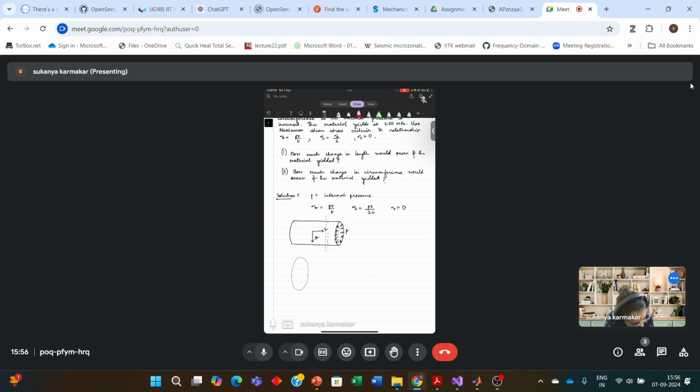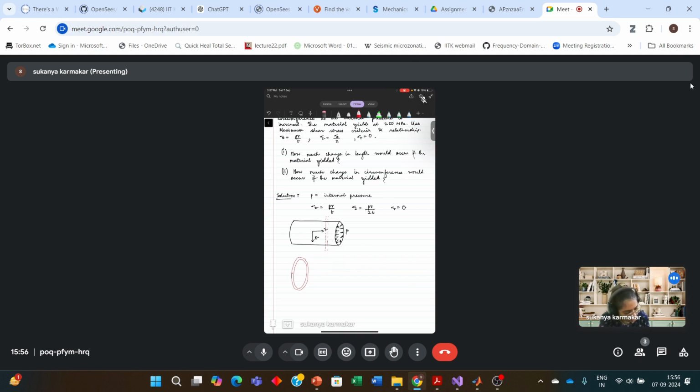So here in the z direction, it's clear from this diagram.